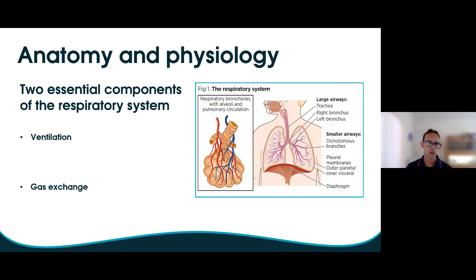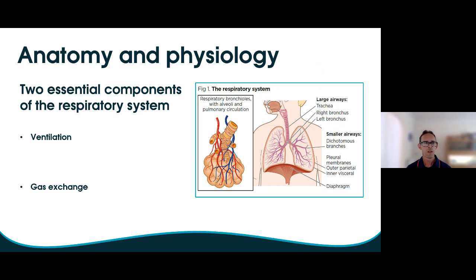When ventilation and gas exchange occur, the normal range of oxygen saturations of the blood is generally around 94 to 98%. And this is maintained fairly well at rest, with a normal respiratory rate between 12 and 20 breaths per minute. However, in some lung conditions where gas exchange and/or ventilation is impaired at rest, the hypoxic and hypercapnic drives would increase the respiratory rate to maintain saturations.